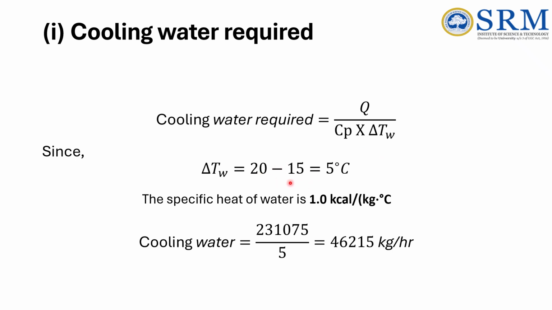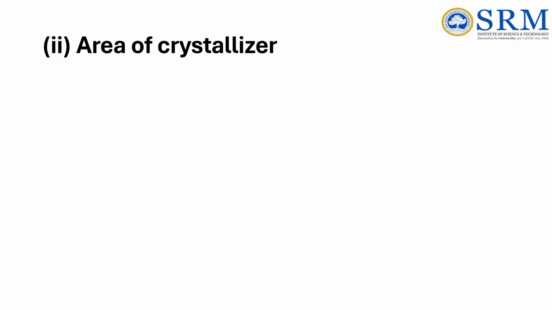So the water rises by 5 degrees in the process, and Q is the heat which is removed by the crystallizer. So the heat removed by the crystallizer from the previous step is taken, and the cooling water rate is estimated as 46,215 kg per hour. So this is the first question which is asked: estimate the cooling water required to achieve the desired crystallization process.